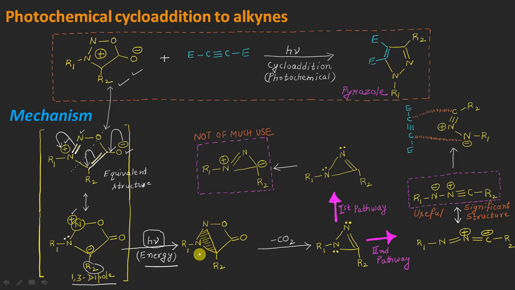But not to worry, we are providing energy. Yes, we are providing energy in the form of hν here, such that the things which seem impossible can also happen because of this much amount of energy, right?